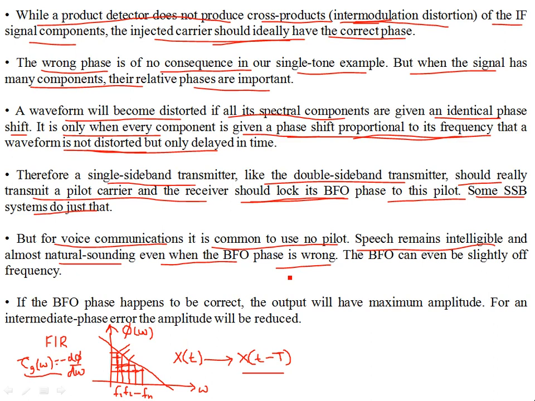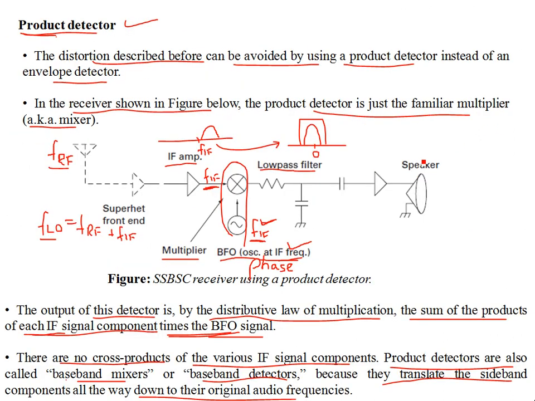So it's still alright. The BFO can even be slightly off the frequency. But if you change the frequency much, then of course you will hear a difference in the pitch, and it won't be the natural or original sound that was transmitted. So a higher shift in the frequency is going to change the pitch at the output of the speaker.